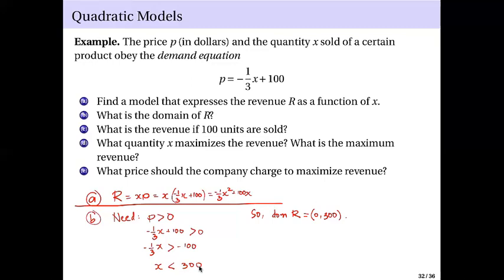Because again, if your x is equal to 300, revenue will be 0. That's fine, but you don't want that. And if your x is greater than 300, this becomes negative. Particularly, the price will be negative. And we don't give negative price.